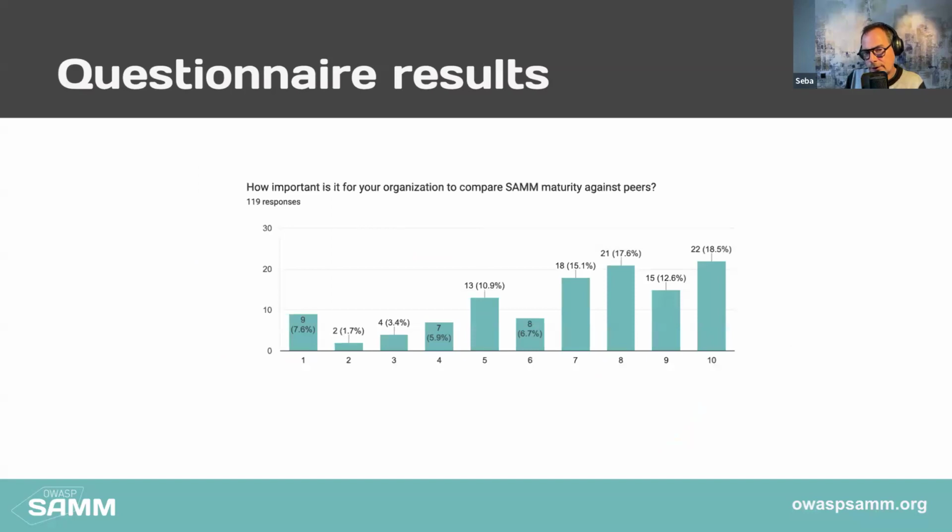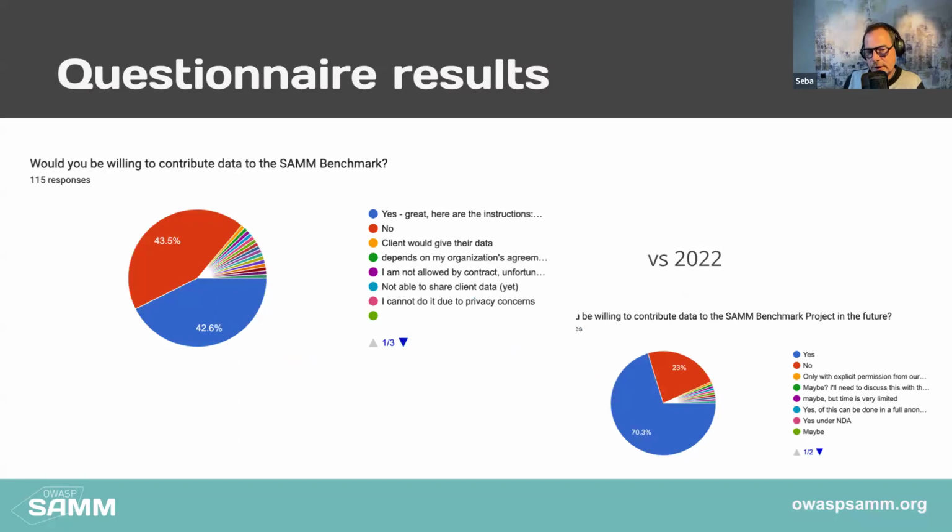And then last but not least, how important is it for you to compare yourselves? A lot of respondents still want to compare themselves. There was one important question here which I really want to cover: would you be willing to contribute data to the SAMM benchmark? When you compare it to 2022, it's a little bit different.